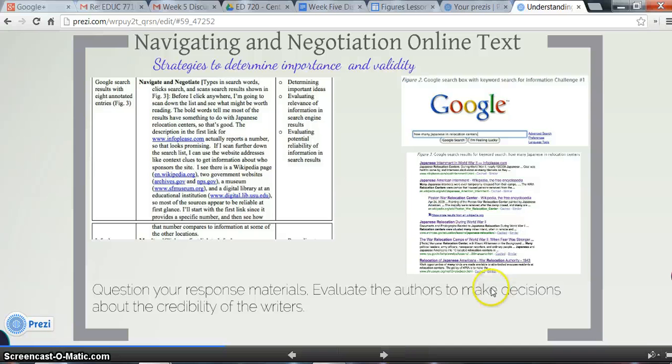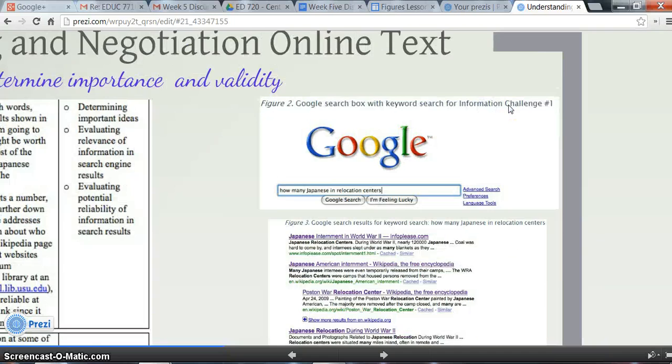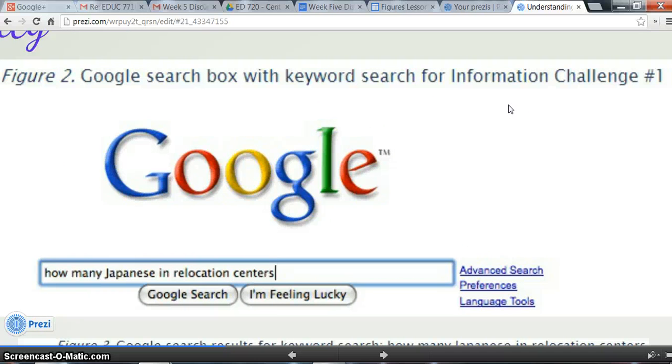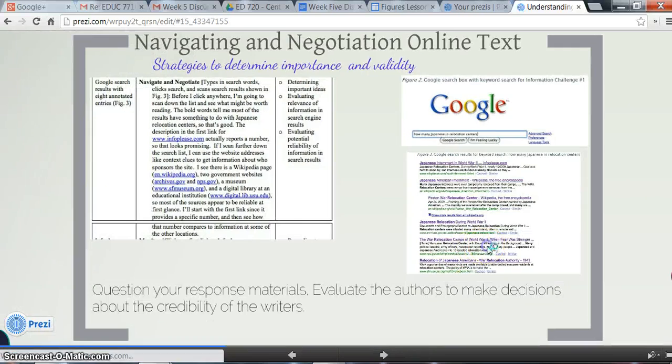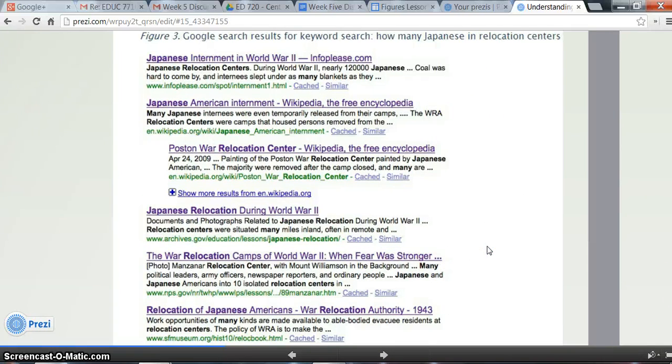And notice that the choice of Google search is very explicit in what they're looking for. They're looking for how many Japanese in relocation centers. And they come back with very specific research.